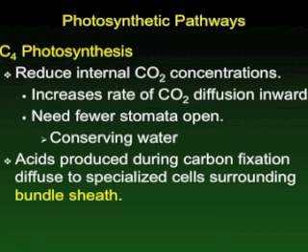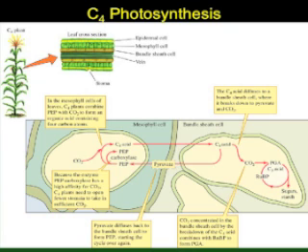Then that PEP is transferred over into a different cell, where then the process of producing PGA using RUBP is used as the CO2 is extracted from the PEP molecule. And that happens in cells called the bundle sheath cells.